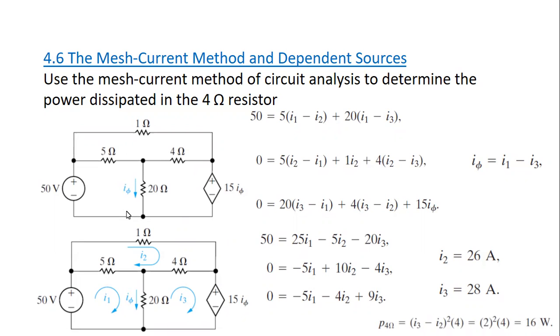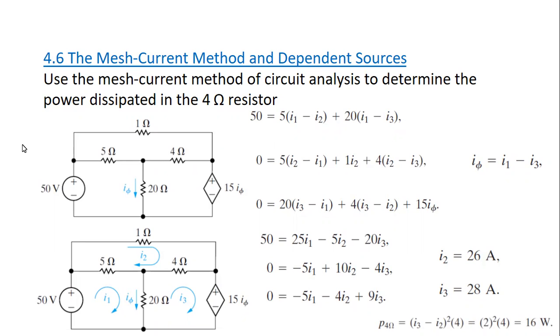For mesh analysis, we need to see how many essential branches we have. An essential branch is a branch that connects two essential nodes without passing through any essential node. So we have essential branches 1, 2, 3, 4, 5, 6, so the number of essential branches here is 6. The number of essential nodes minus 1 is 3, so 6 minus 3 is 3.